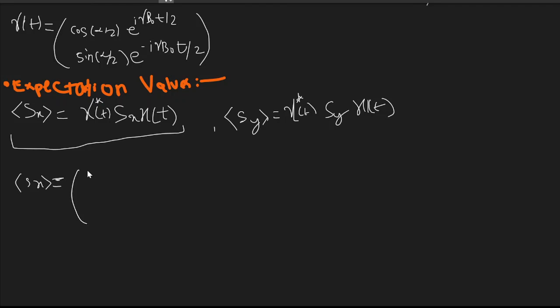So it will yield cos alpha divided by 2 e to the power negative iota gamma b naught t divided by 2, and the complex conjugate of the second term will be sine alpha divided by 2 e to the power positive iota gamma b naught t divided by 2.